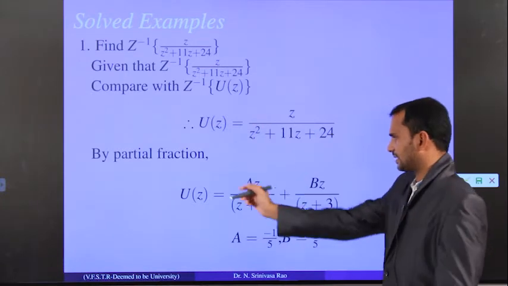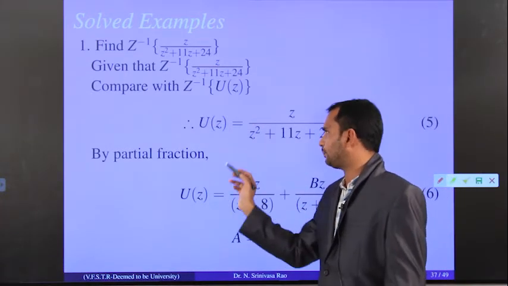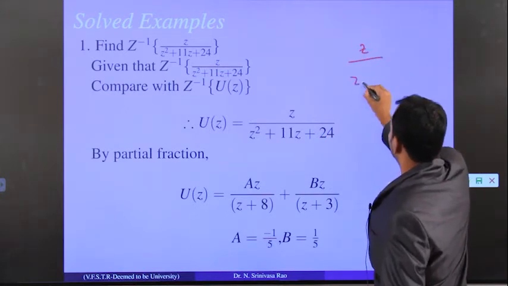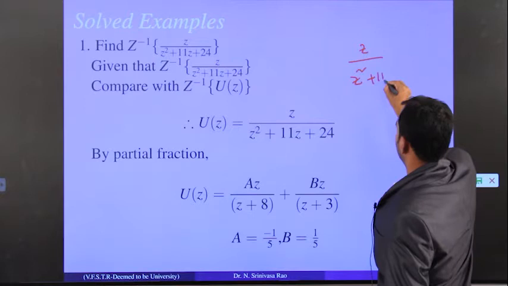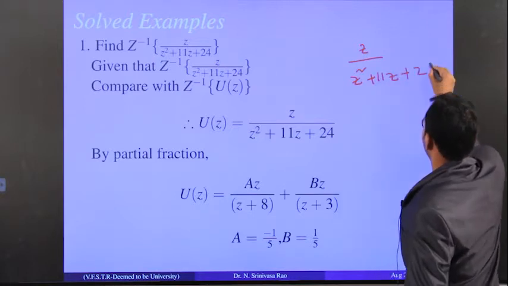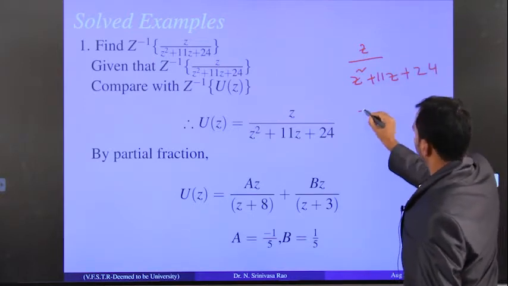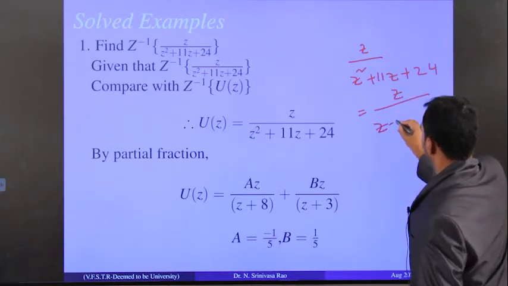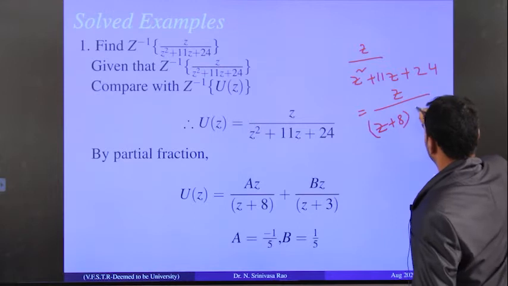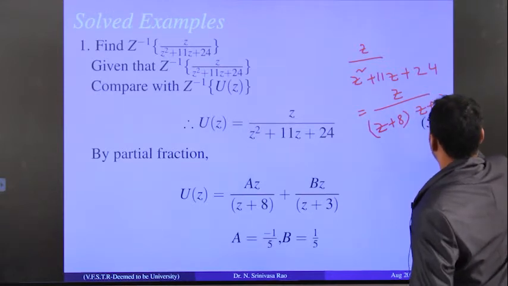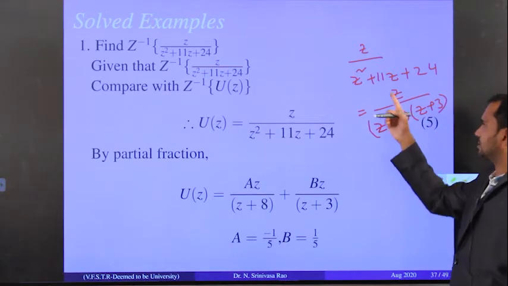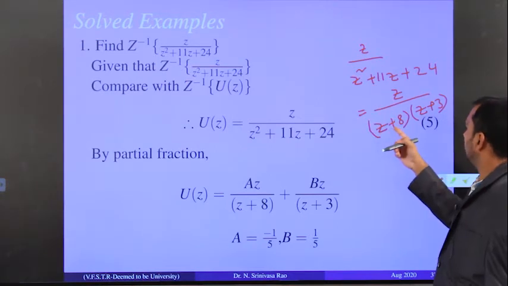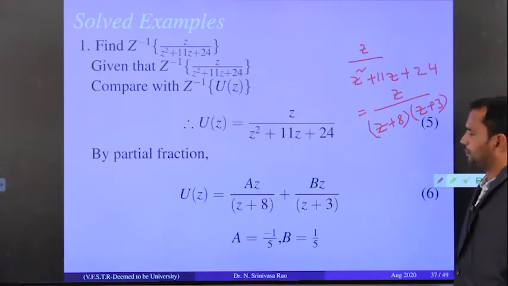When finding partial fractions, everybody listen: z by z square plus 11z plus 24 can be written as z by (z plus 8) into (z plus 3), if you factorize the denominator. So the denominator is z plus 8 into z plus 3.